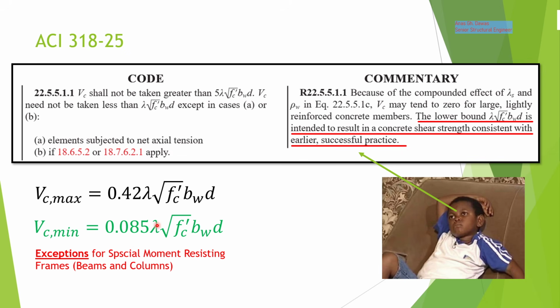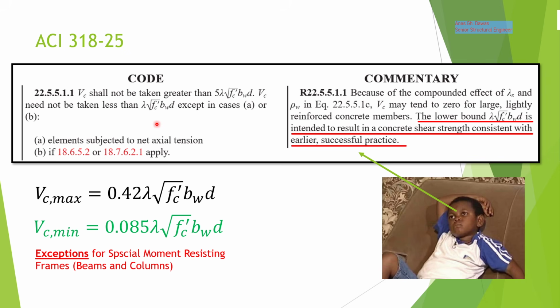We cannot use the minimum value for elements subjected to a net axial tension. A net axial tension means that the tension is more than the compression force. Or for special moment resisting frames, you cannot use this minimum threshold.